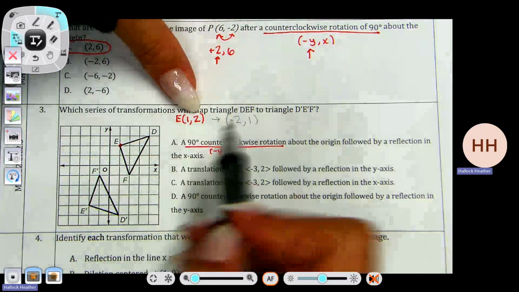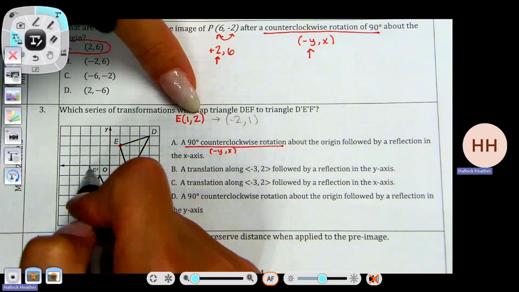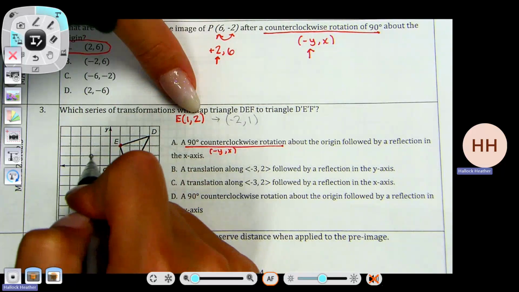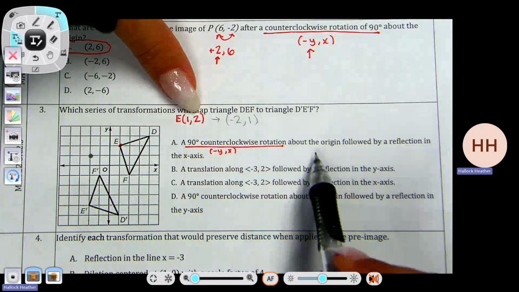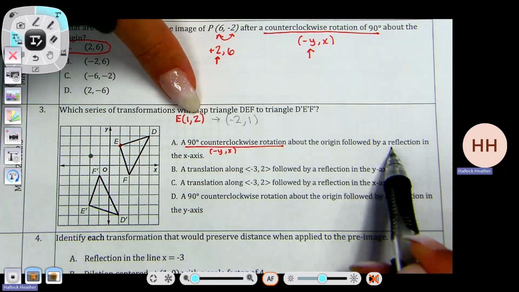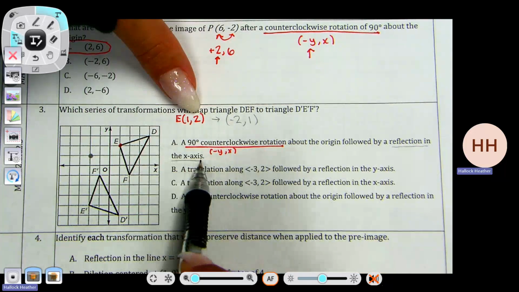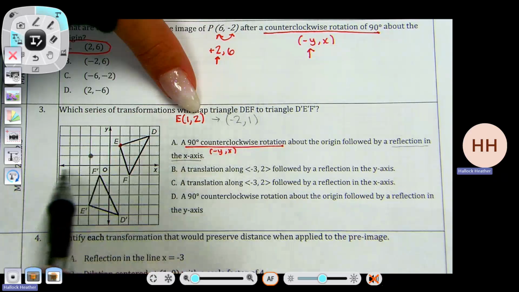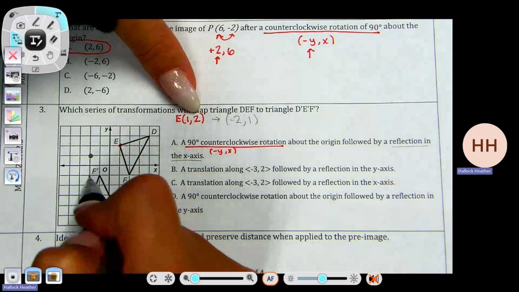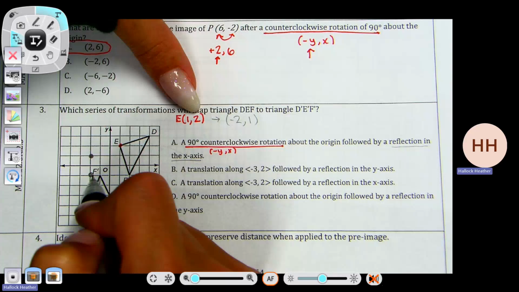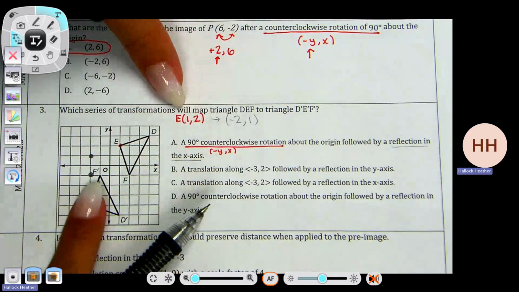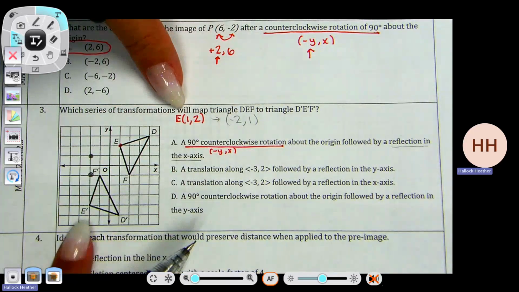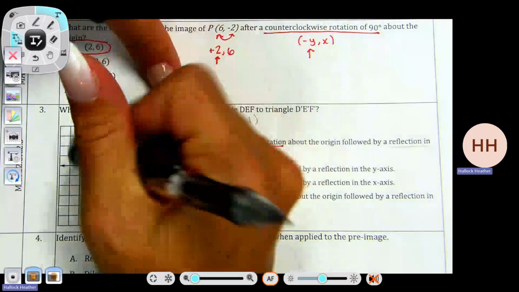That's where I'm at. The second part says a reflection over the x-axis. If I reflect across the x-axis, they're saying E prime in the end will end up right here. That is not down here. So A does not work. So I'm going to have to do something else.